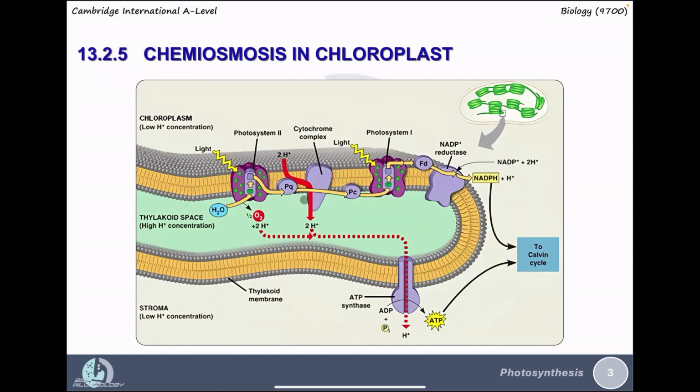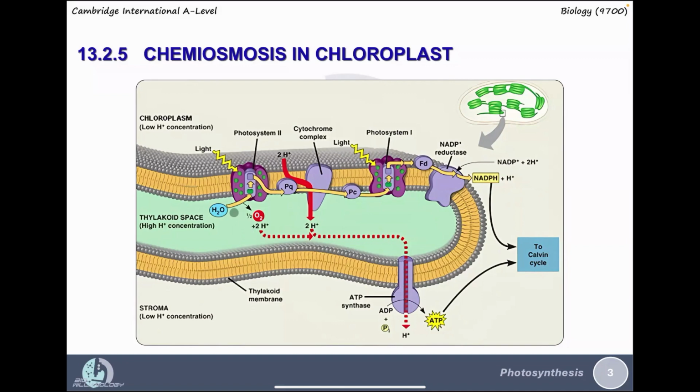During this process, electrons release energy, and this energy is used to transport protons from the chloroplast stroma into the thylakoid space, against their concentration gradient. Therefore, there is an accumulation of protons inside the thylakoid space.